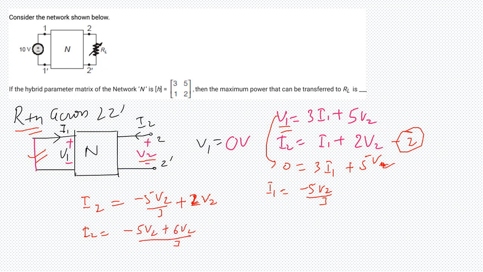So I2 is equal to V2 by 3, or V2 over I2 is equal to 3 ohms. This is going to be my RTH.